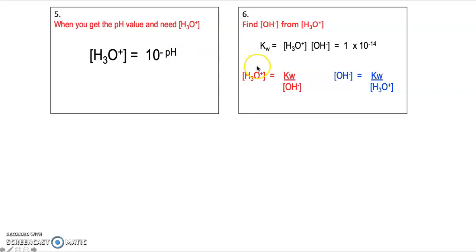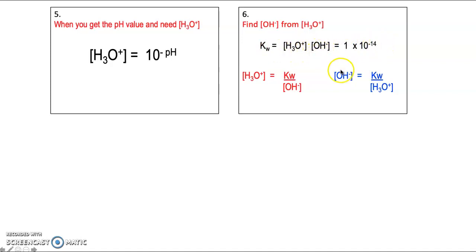There will be times, like in the previous slides, where you have got your hydronium concentration and you need your hydroxide value. We use the water dissociation or ionic product of water equation here. This is on the resource sheet.